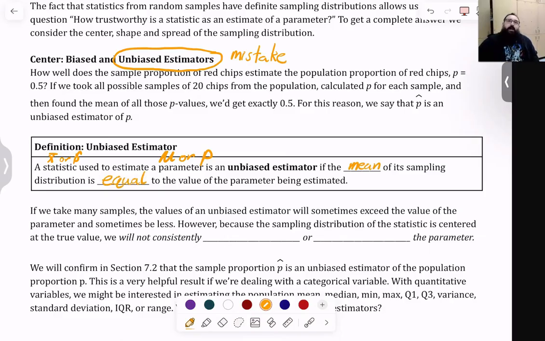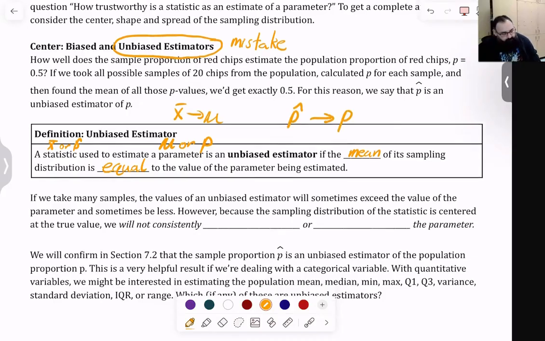So for example, using x-bar or p-hat to estimate mu or p is considered unbiased. We'll talk about that a little bit more. But just remember that x-bar goes with mu and p-hat goes with p.